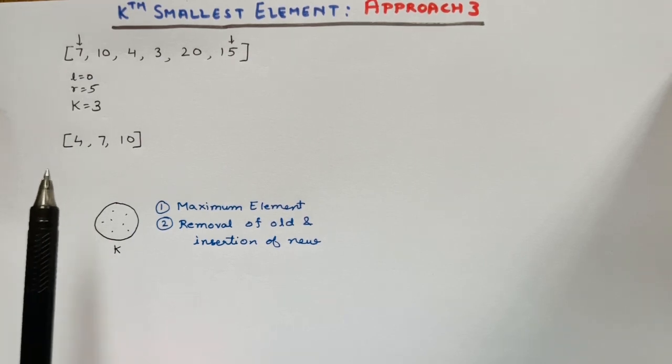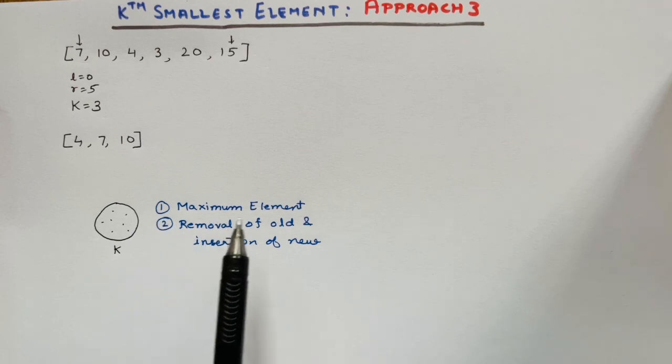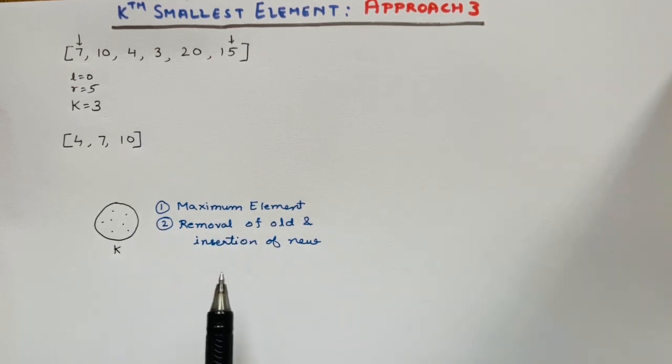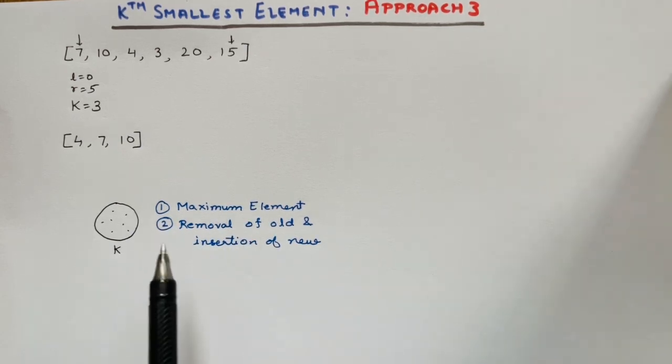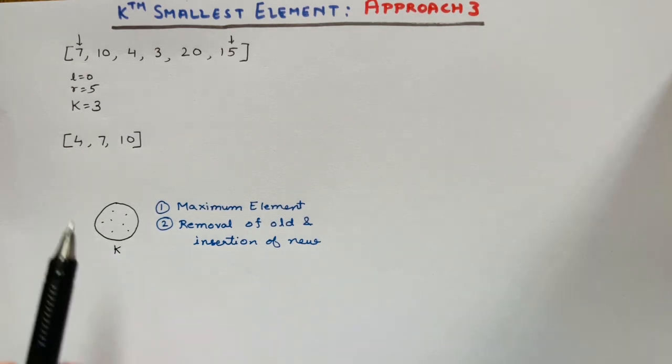Can we optimize on that? Is there a data structure that can give us the maximum element quickly and also update its collection by removing the old and inserting the new in lesser time? Now, array took linear time, that is big O of k, for step 2.